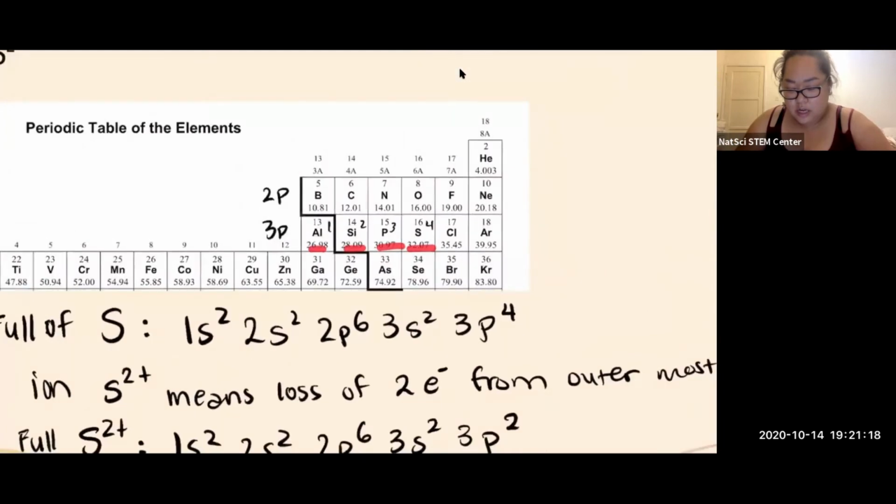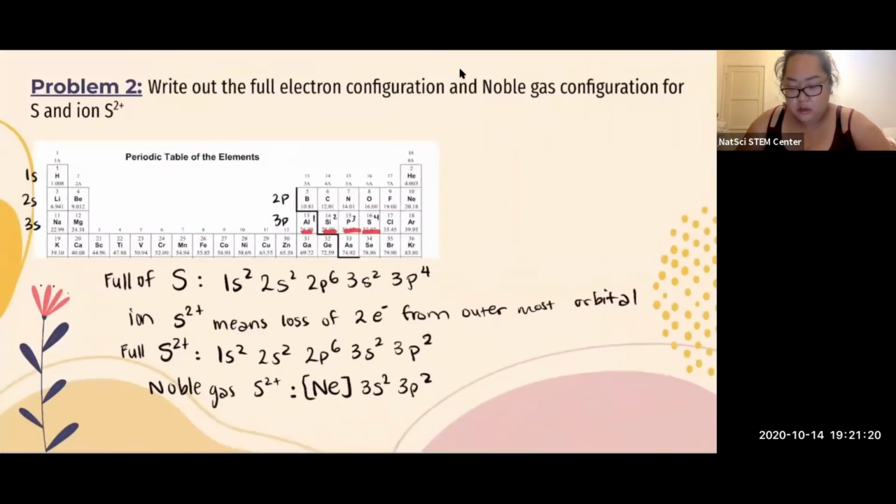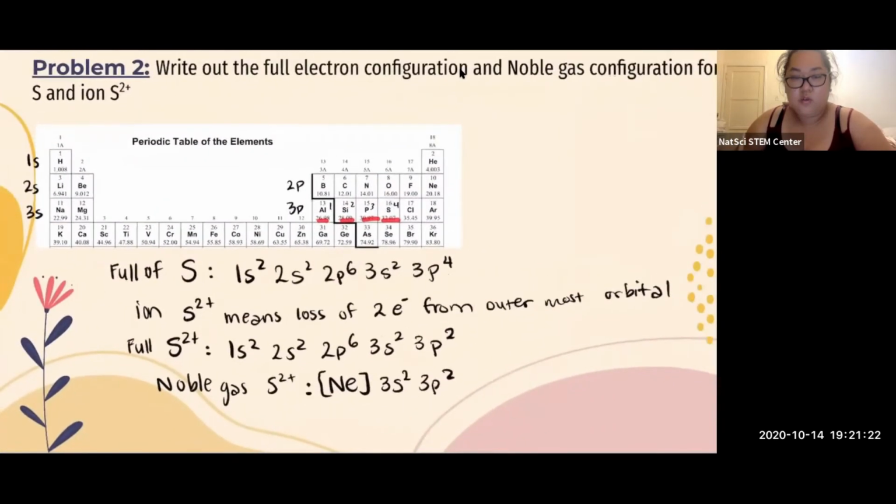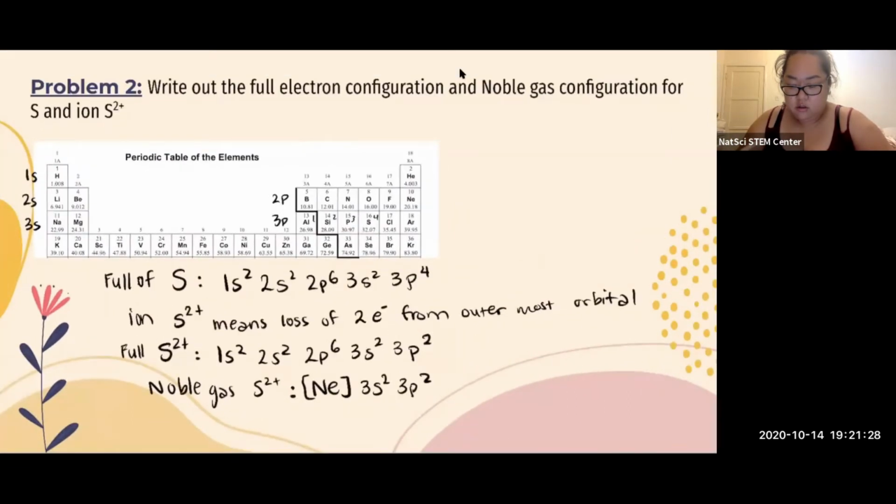The first thing I did was write the full electron configuration of sulfur without the ion. For sulfur, you go completely to 3p4. For the noble gas configuration, it would just be 3s2 and 3p4.